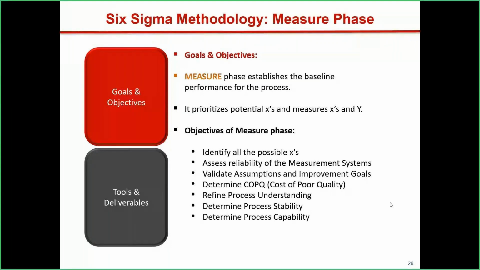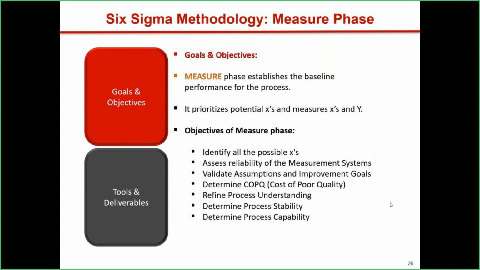Is my process capable enough to produce results? When I say capable, if I want to drive at a speed of 100 kilometers per hour every time, I should be able to get the same average out of my car. So is it capable enough to give me that kind of output? Is it stable enough to give me that kind of output?